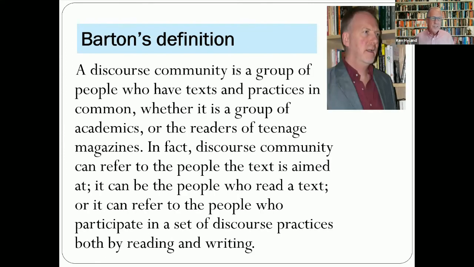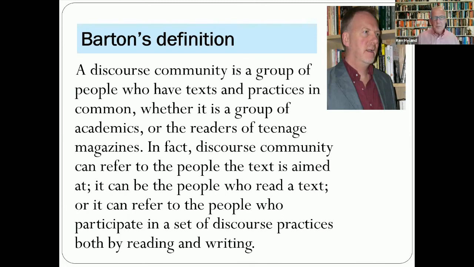He says a discourse community is a group of people who have texts and practices in common, whether it's a group of academics or the readers of teenage magazines. In fact, discourse community can refer to the people the text is aimed at. It can be the people who read a text, or it can refer to people who participate in a set of practices, both by reading and writing.